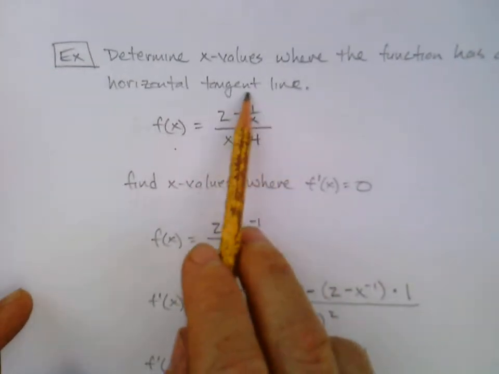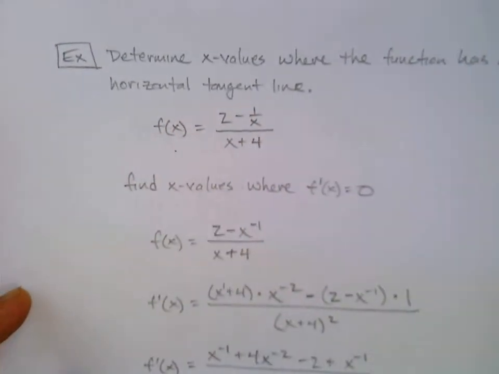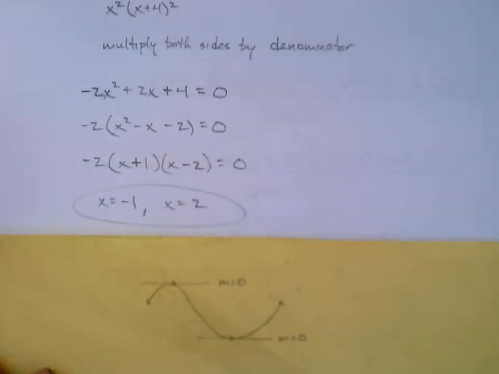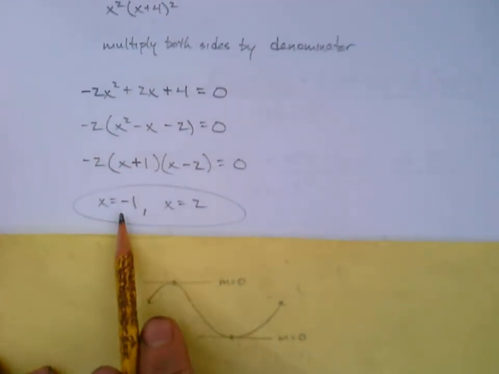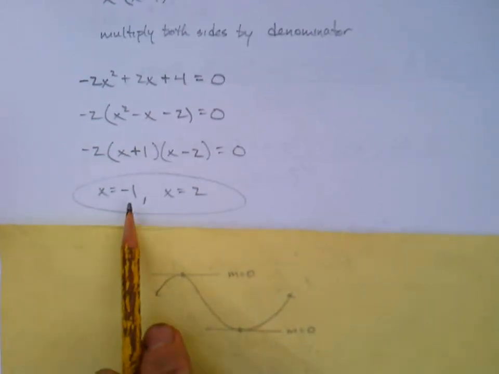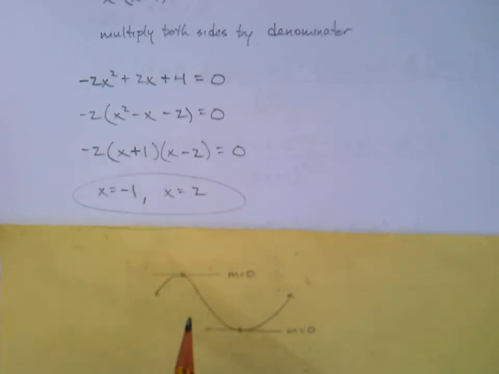Go and graph this original function, and then just take a look at what's happening at these x values. We didn't even find the y values in this problem. That wouldn't be hard to do, though. Or you could just look at where they're happening, kind of look straight up and down from these points, and hey, are there horizontal tangent lines there? Right? This should be like these peaks and valleys, something like that.